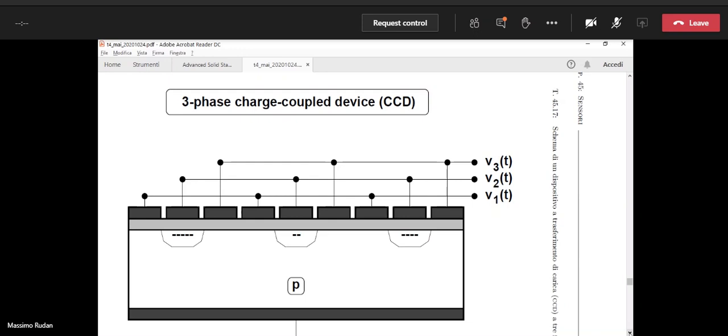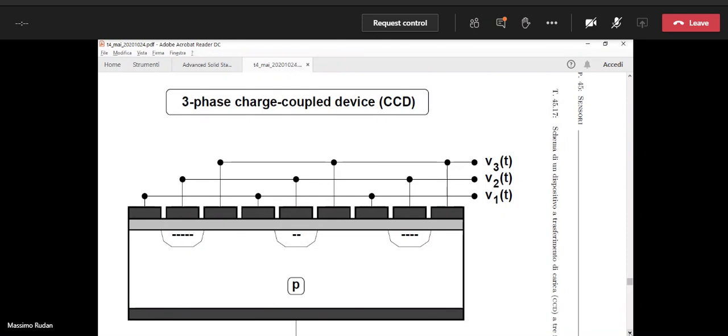Now observe how the gate voltages are connected. If you look from left to right, you see that gate 1, 4, and 7 have the same voltage that we call V1.